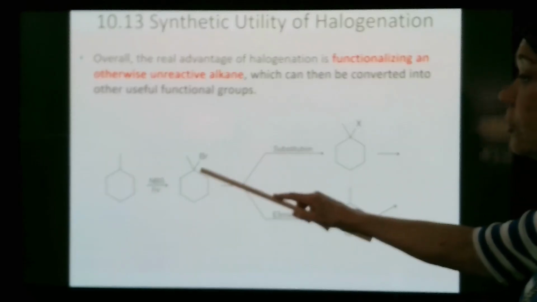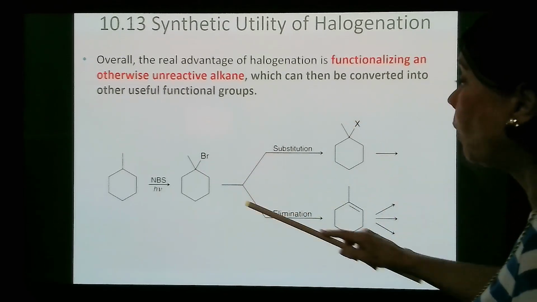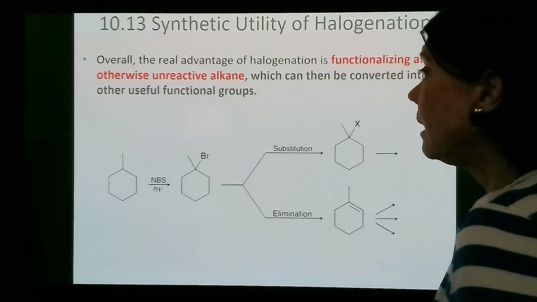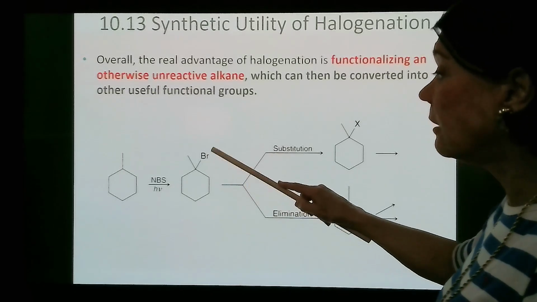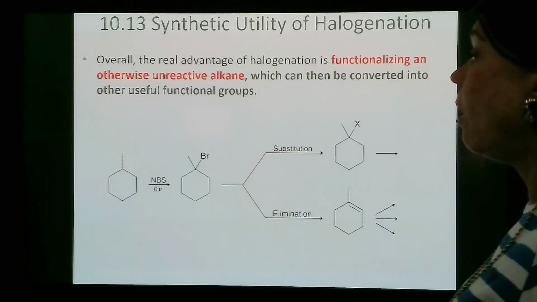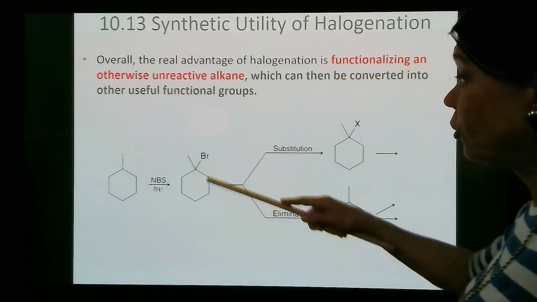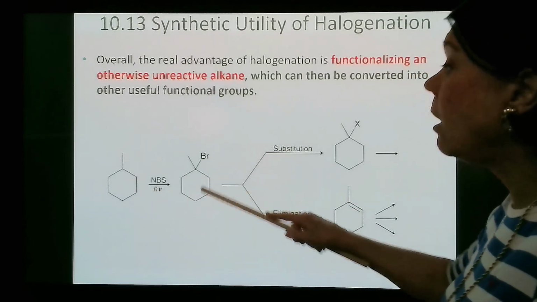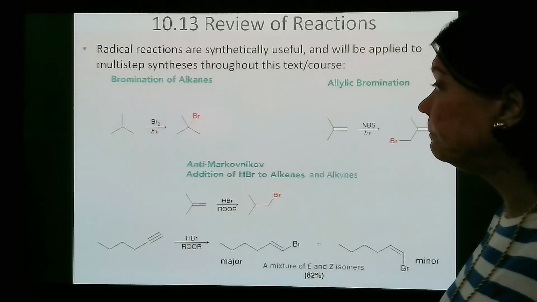And then you can substitute for bromide, you can substitute some other group, or you can form an alkene, and these will take you in many other places. So once you get the halogen, the bromine, on, you can go in many different directions. So this makes something that is not synthetically useful into a molecule that is synthetically very useful.